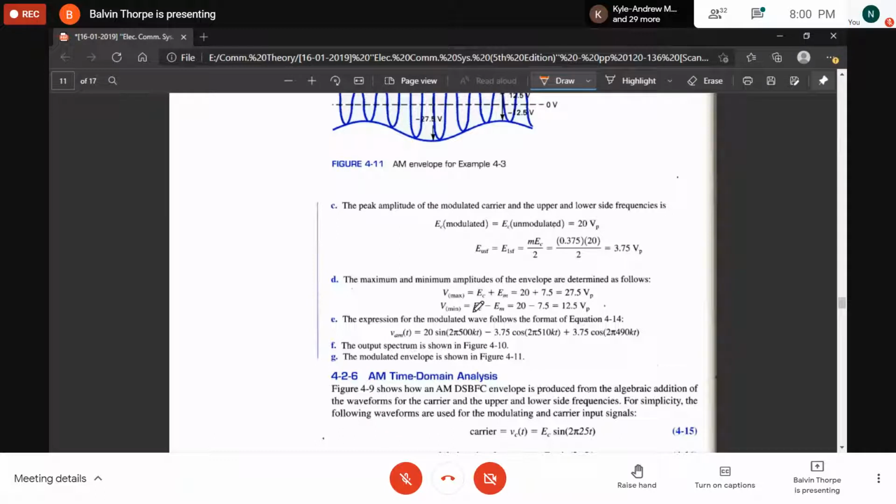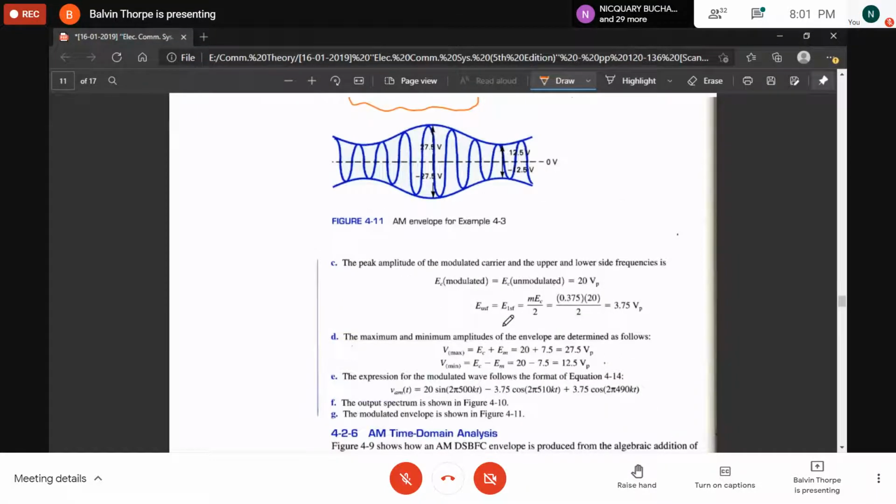And E min positive will be EC minus EM, which is 12.5. They only took one side. But of course, if we're really talking about the envelope, we'll have to talk about the second half as well. I just gave you how you'd get that, which is minus EC minus EM for the maximum, and minus EC plus EM for the minimum value.